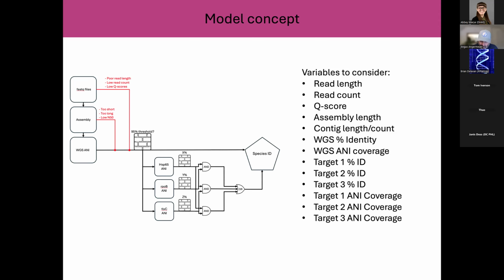So when I was talking about a 6 megabase genome versus a 3 megabase genome, that would be ruled out, but a 5.9 megabase genome, if I see that in my data, and the reference is 6 megabases, that is going to be accepted. So there's a threshold there I have to calculate. And then for each of the targets, there's a percent ID at these walls here, X, Y, and Z that I need to calculate. And then the similar aspect for the coverage, to make sure I have enough of those genes. And so that actually ends up being quite a few variables to consider.